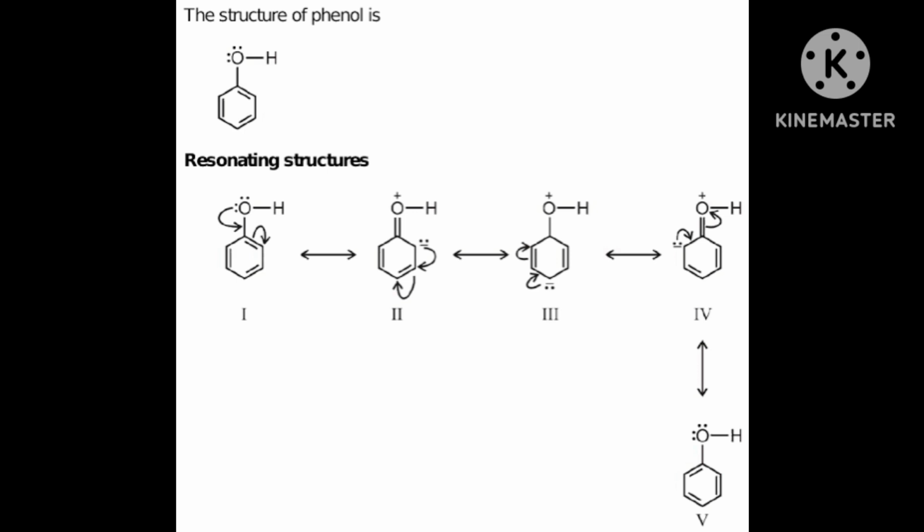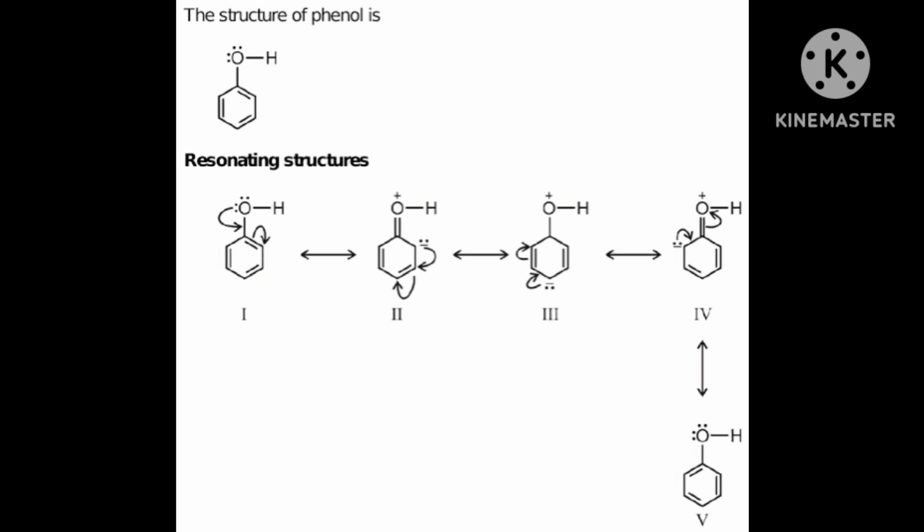Now you see that oxygen has 3 lone pairs of electrons, and suppose NO2 is attached to benzene. Generally it will attach either at the ortho position or the para position, because at these 2 positions negative charge will be there during resonance. So ortho and para positions are suitable for NO2.